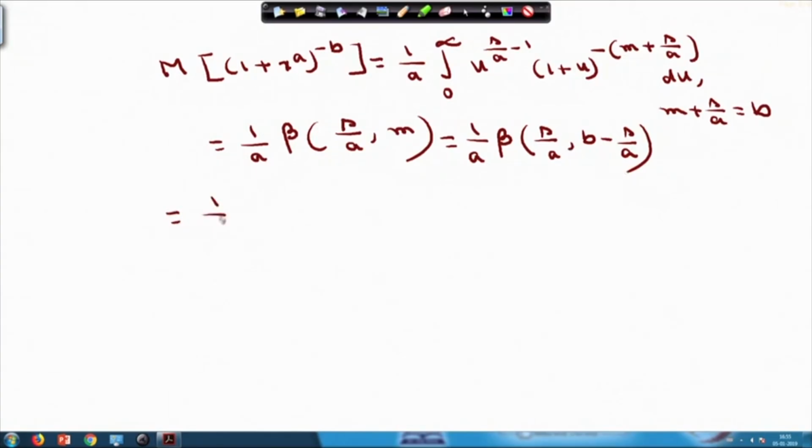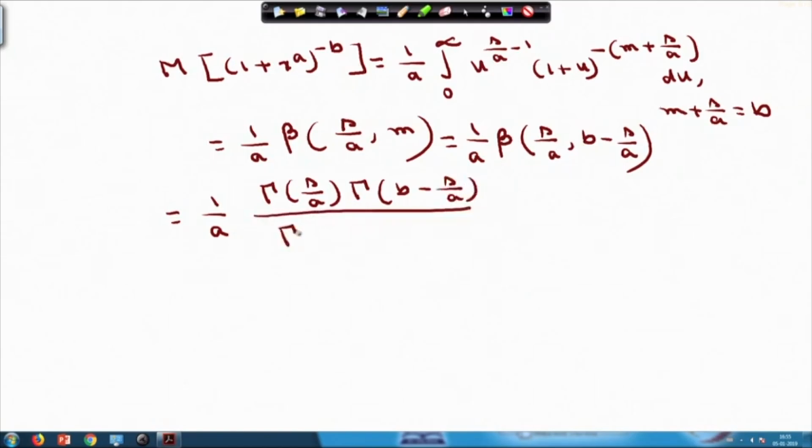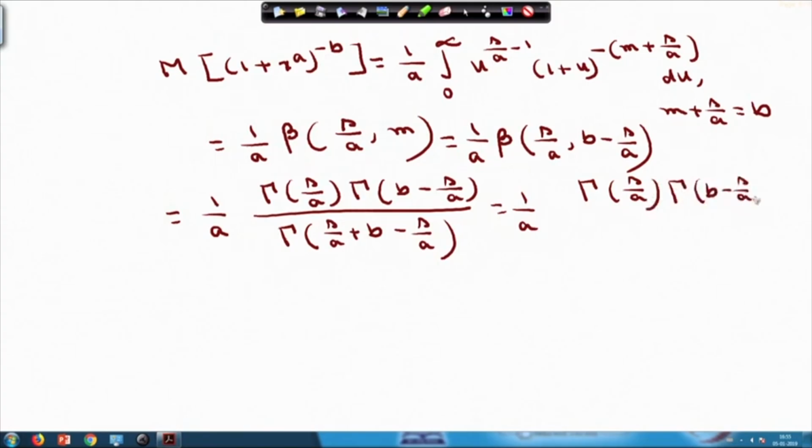If I use the formula in terms of the gamma function, I can write this as gamma s by a gamma b minus s by a divided by gamma of m plus n, that is, gamma of s by a plus b minus s by a. So, after simplification this will be gamma s by a gamma b minus s by a divided by gamma b.